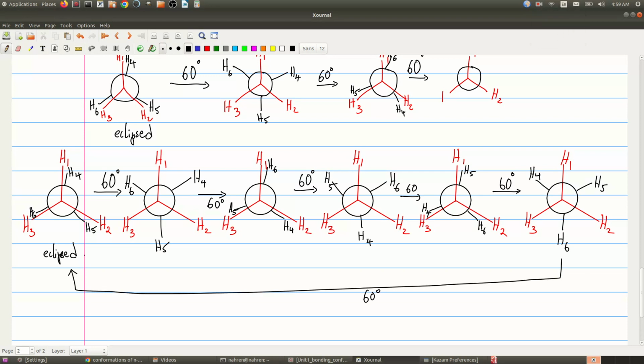Now let us label these as A, B, C, D, E and F.